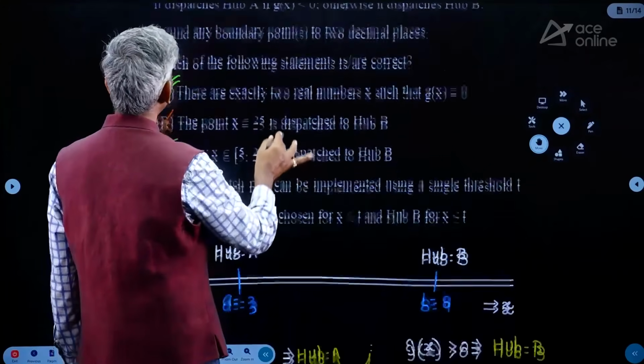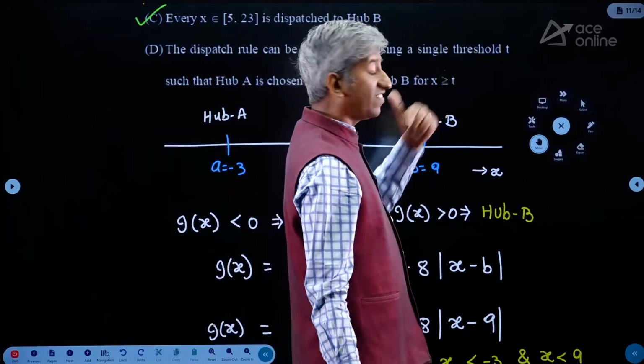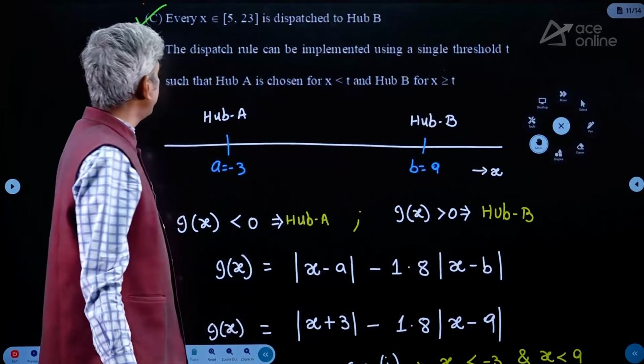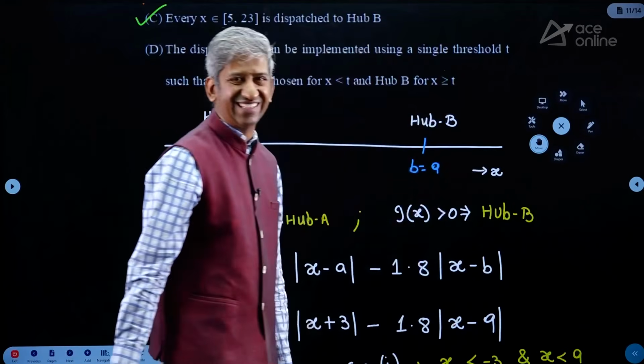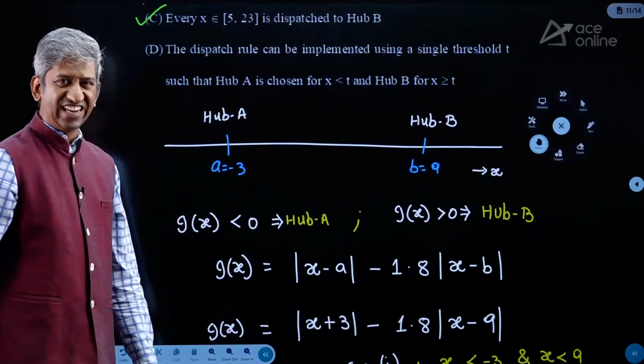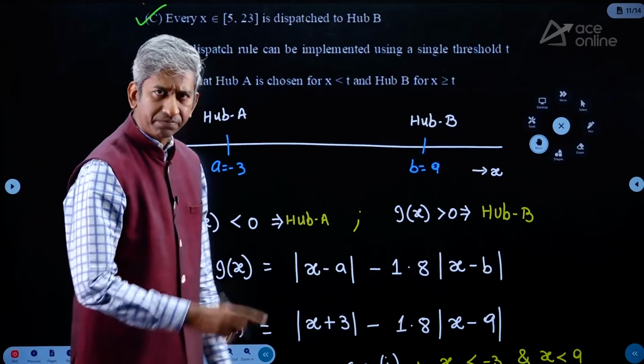And finally, the dispatch rule can be implemented using a single threshold t such that hub A is chosen for x less than t and hub B is chosen for x greater than or equal to t is an incorrect statement. There are two thresholds t1 and t2.